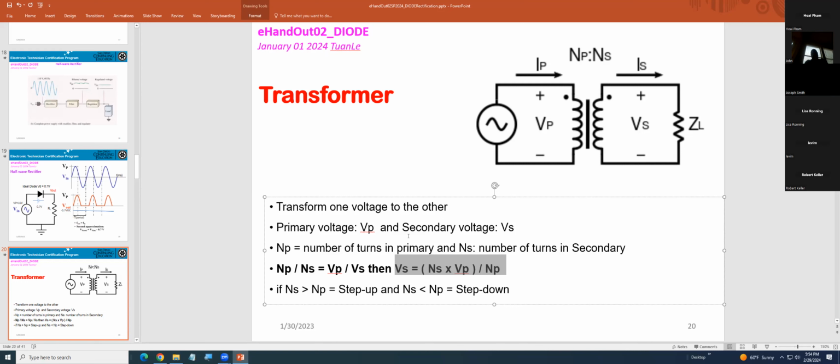NP means how many turns for the primary and how many turns for the secondary. You see that? That's just a wire, just a turn, how many turns, okay? If VP is higher than VS, that means step down. If VS is higher than VP, that means step up.